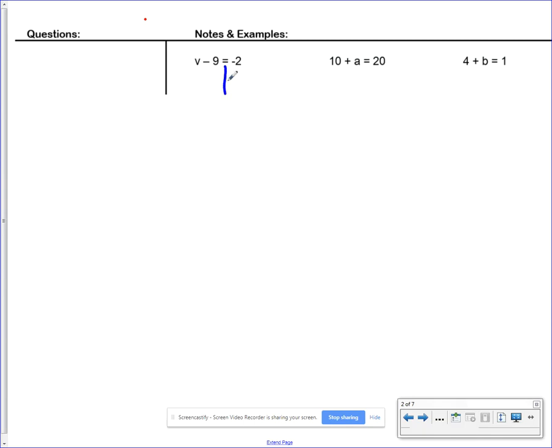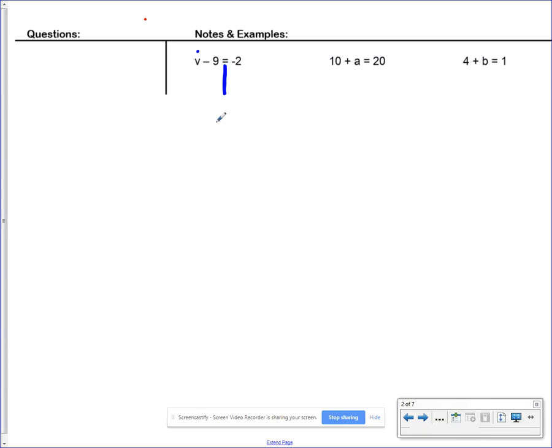Every equal sign works like a balancing act, like a teeter-totter, and you can put a fulcrum underneath there and everything stays balanced. What's on the left side has the same value as the right side, and that's why they're equal like this. So what we want to do is find that variable. There it is. And we want to undo what's happening to the variable. Right now, v is being decreased by 9.